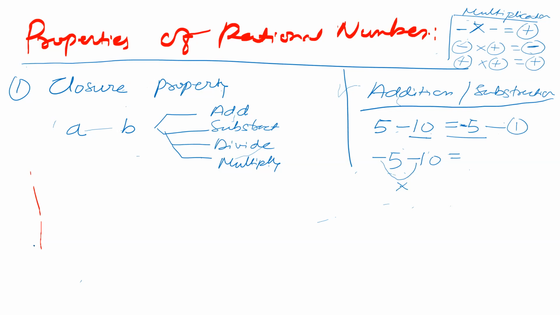And when these two signs go under multiplication, minus multiplied by minus gives us a positive sign. These were our numbers, -5, -10.